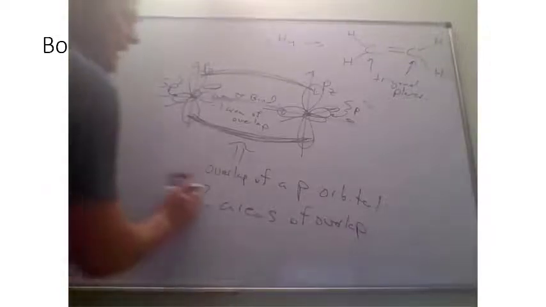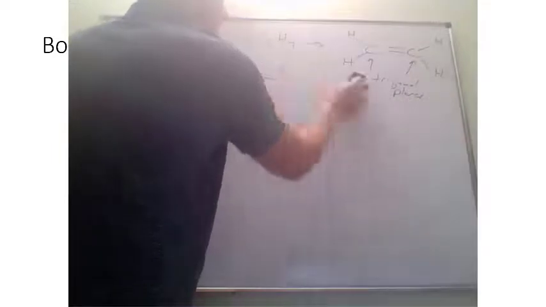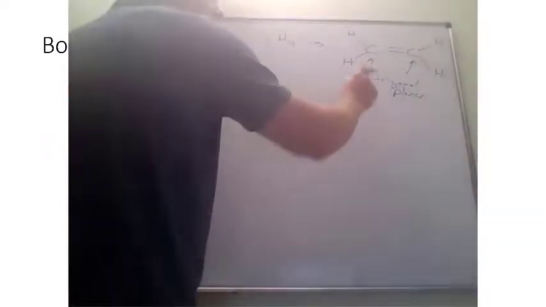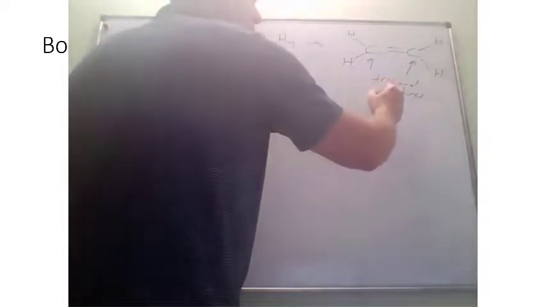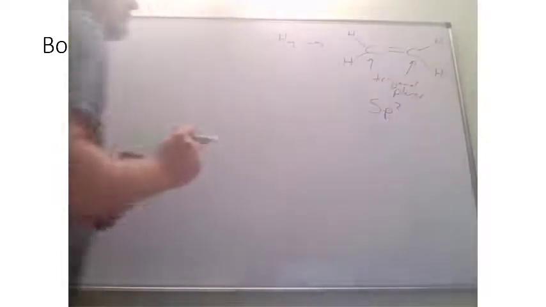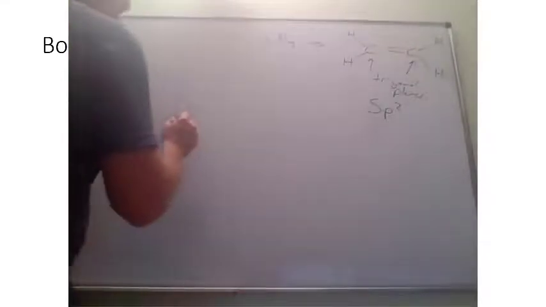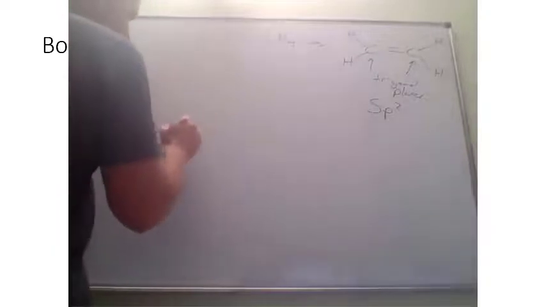Okay, so let's see how these actually form by looking at our orbitals. Anything that has a trigonal planar geometry, we know it's going to be sp2. So let's take a look at the sp2 hybrid orbitals for each of our carbons.